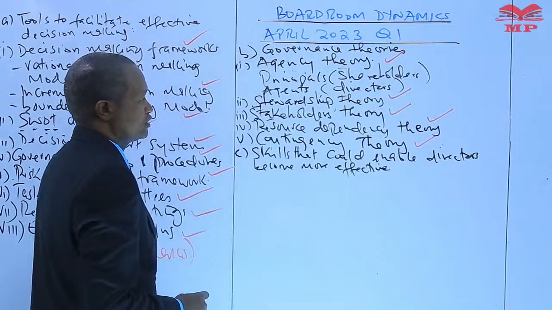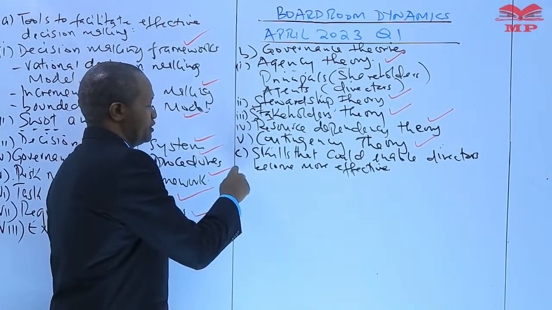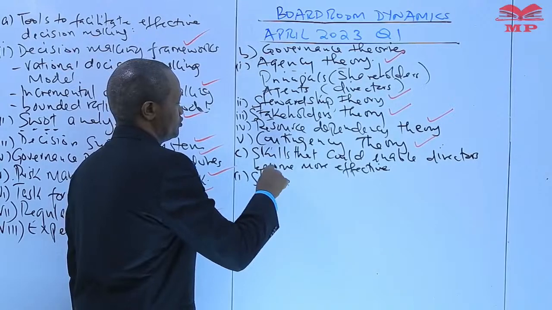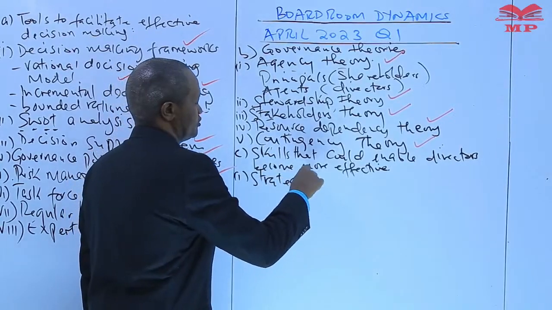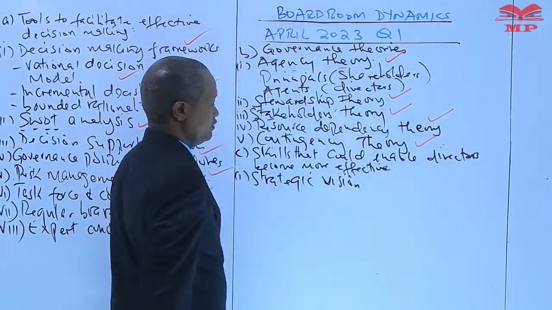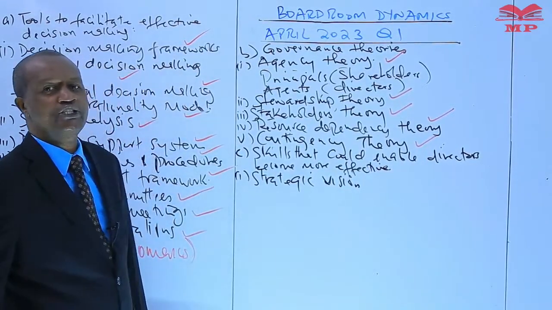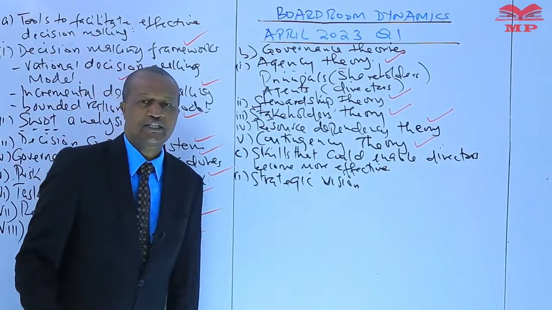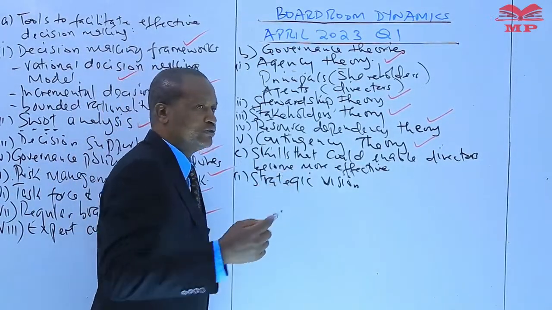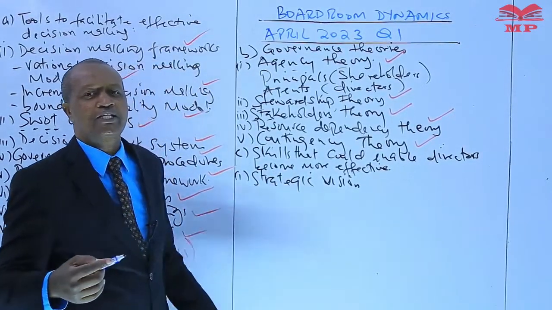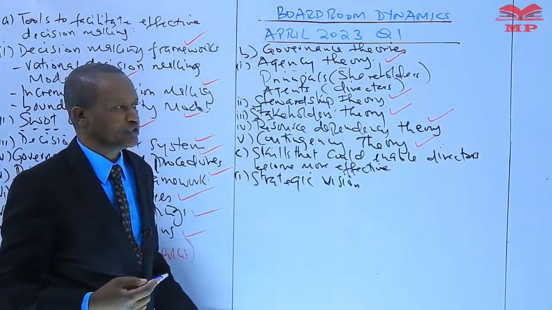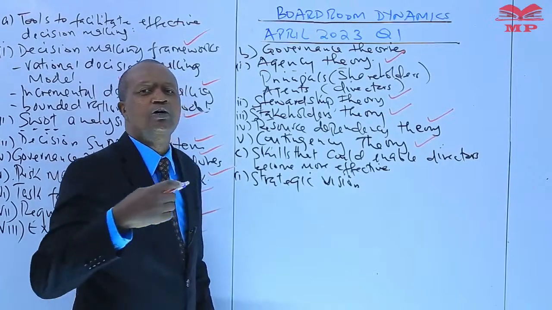One important such skill is developing what we call strategic vision. Directors need to have a clear strategic vision for the company's future and then align their decisions with the long-term goals.